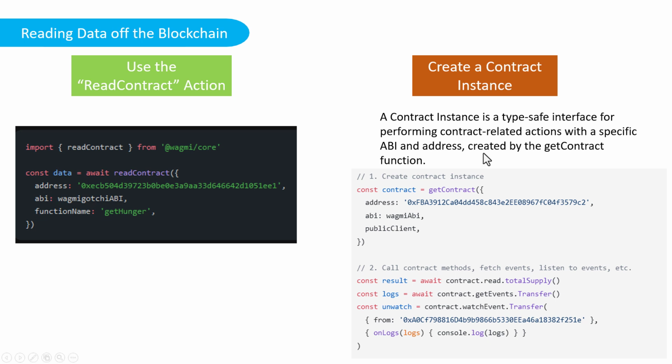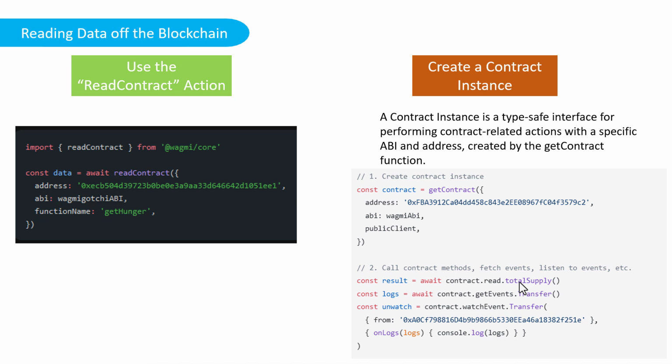The second way is to create a contract instance. A contract instance is a type-safe interface for performing contract-related actions with the ABI that you specify and the address. You can create a contract instance by calling the getContract action, where you pass in the ABI and the address, and then once you get a contract instance, you can call .read and the function name of any of the contract functions that you want to call.